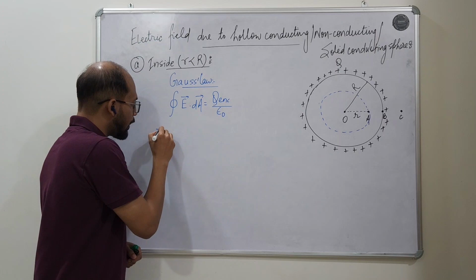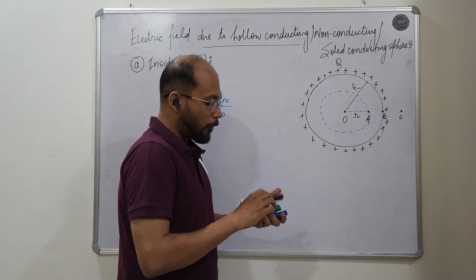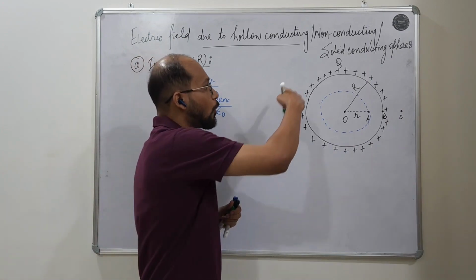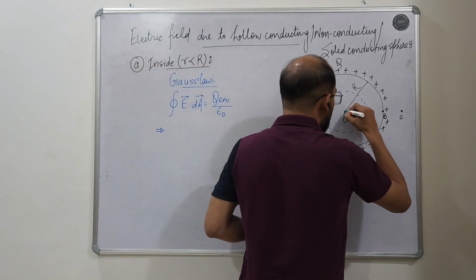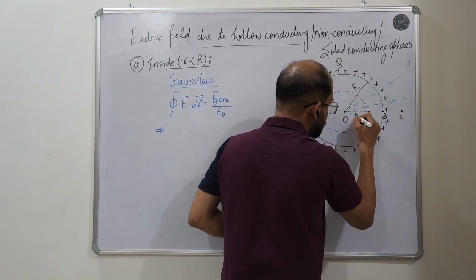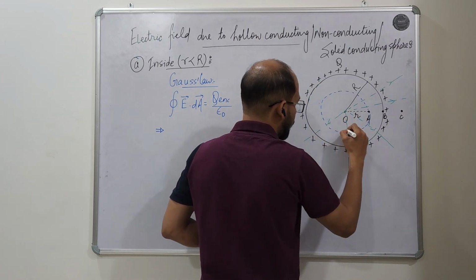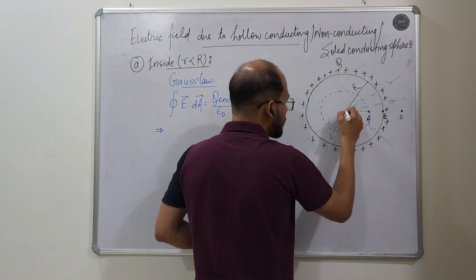Now, as we know, the electric field will be radially outward due to all these charges. The electric field due to a sphere is radially outward due to a positive charge.